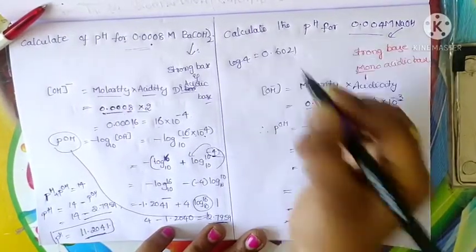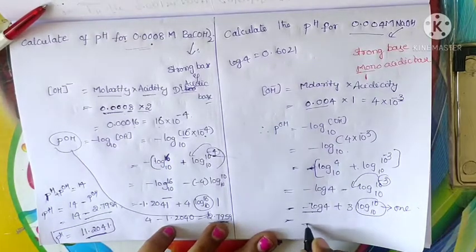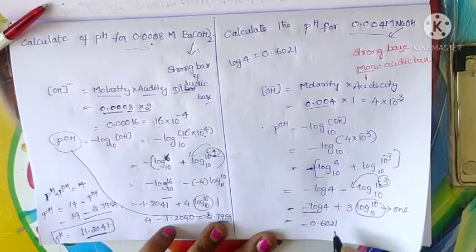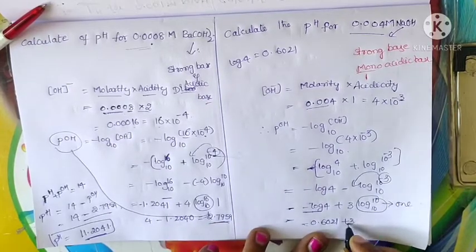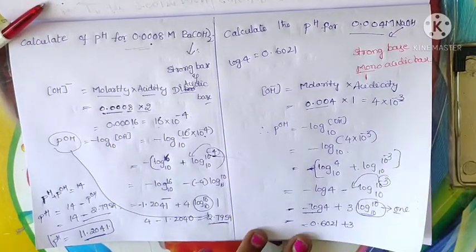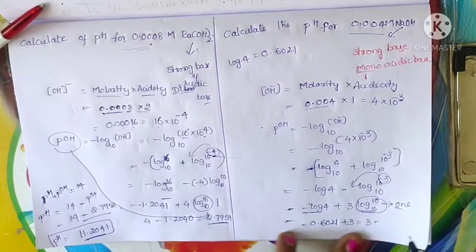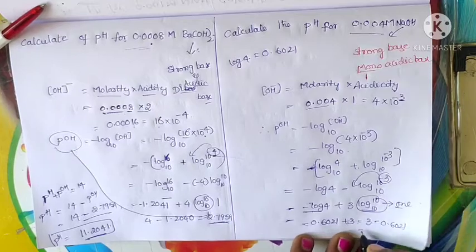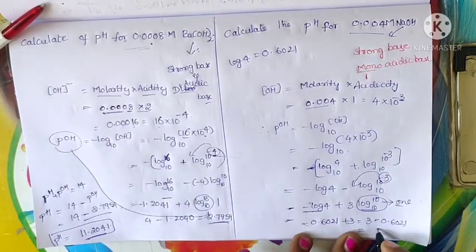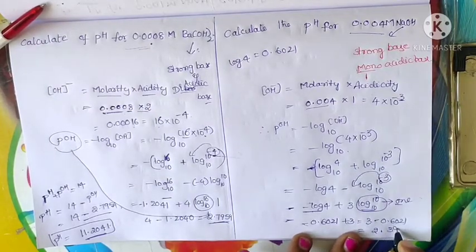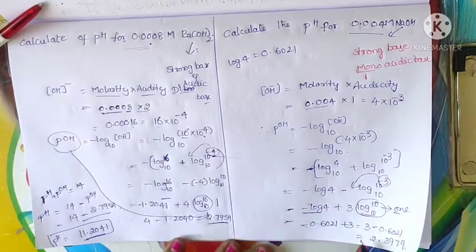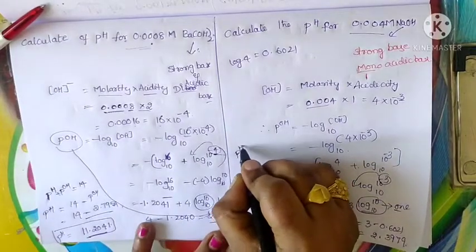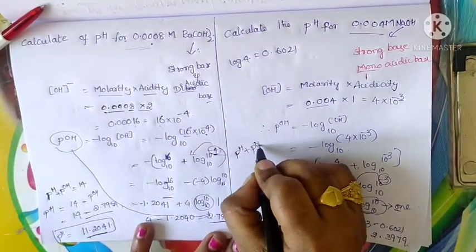Okay, 0.6021. We should learn by heart all the log values from 1 to 10: log 1, log 2, log 3, log 4, log 5. How much? So 3 minus 0.6021, the value becomes 2.3979. And then we are calculating pH. pH plus pOH is equal to 14.